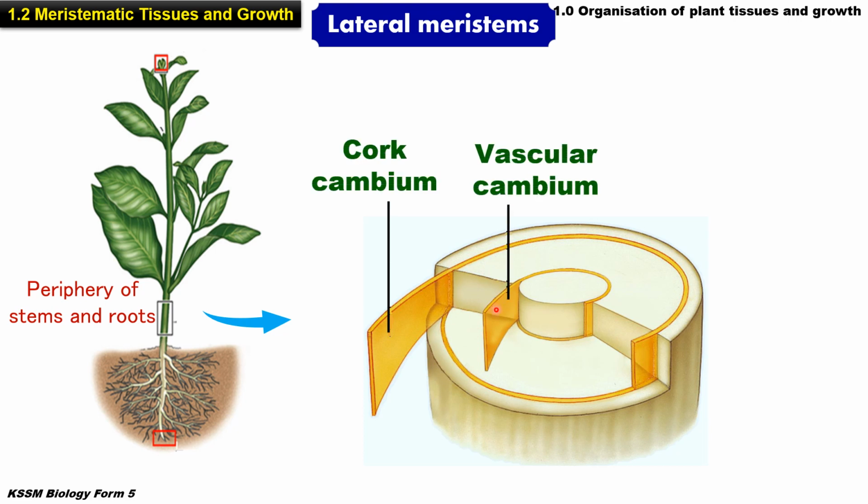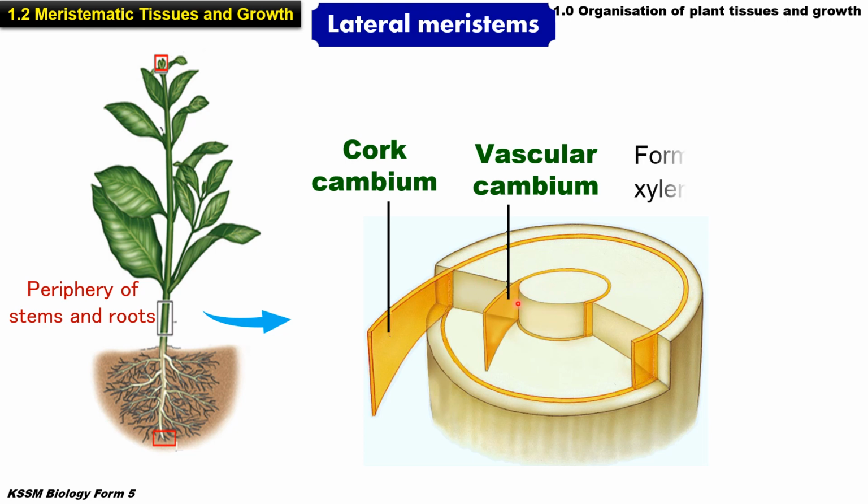And yang bahagian tengah ni is vascular cambium. So for the cambium, remember, cambium adalah dia akan divide. It will divide between the inner part and outer part of the cell. So, apa inner and outer part kita akan tengok.